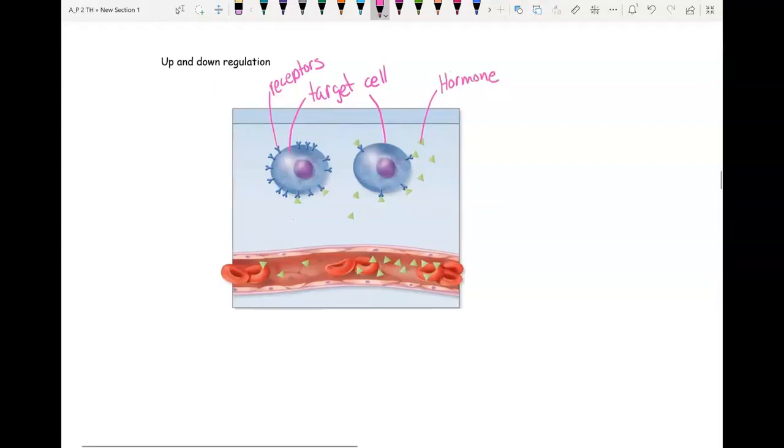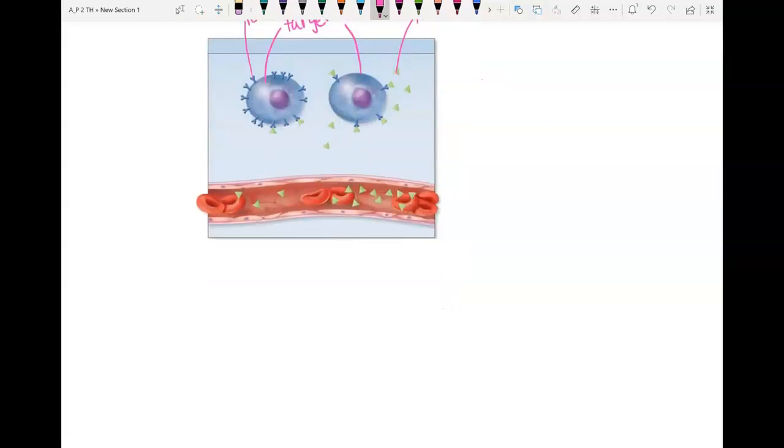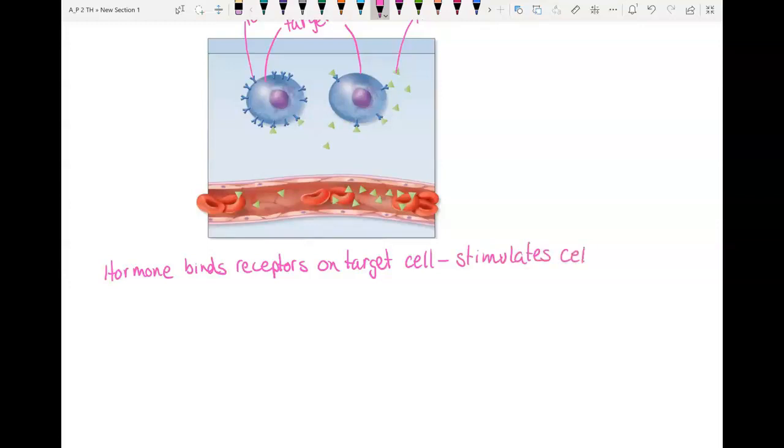So we know that hormone binds to receptors on the target cell, and that is what stimulates the cell. So you can have different amounts of hormone and different amounts of receptor.